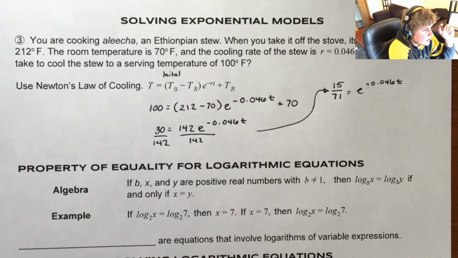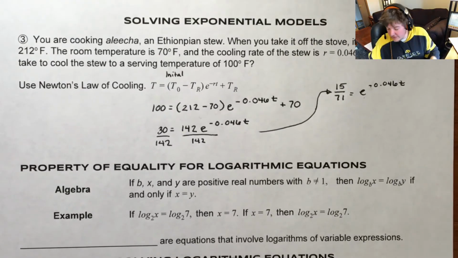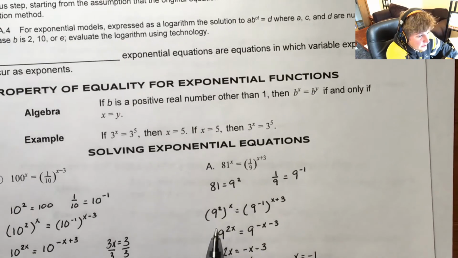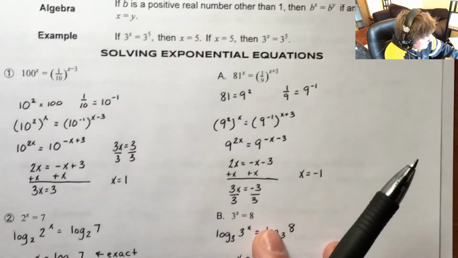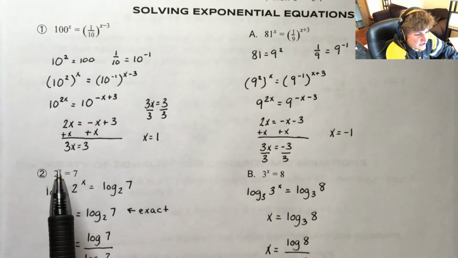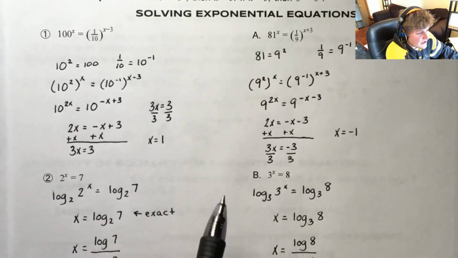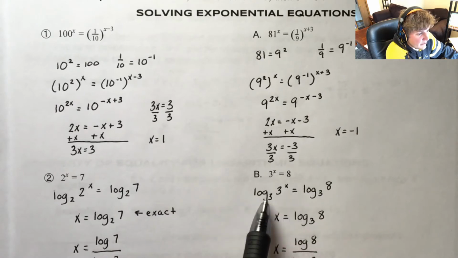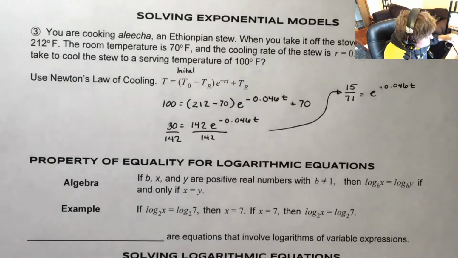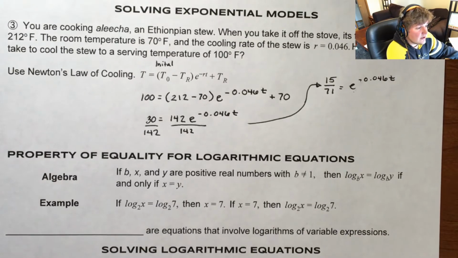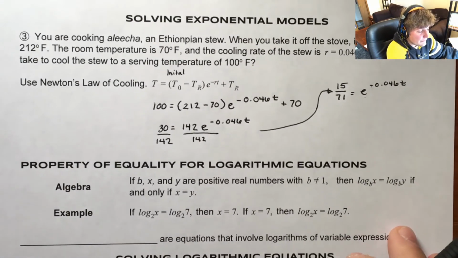If we look back at our previous page, if I'm taking 2 to the power of something, I'm going to use log base 2. Or if I'm taking 3 to the power of something, we're going to use log base 3. So for this one, what's our base? Our base is e. So when I have a base of e, you need to think about what logarithm is going to undo that.